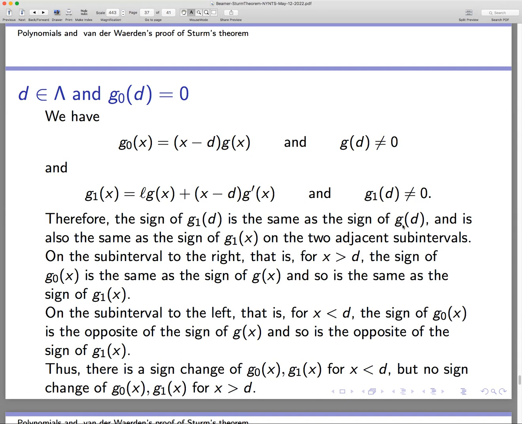So why is that? It is certainly the same as the sign of G1 of x on the 2 adjacent subintervals. And I wrote this without an explanation because it was too obvious.